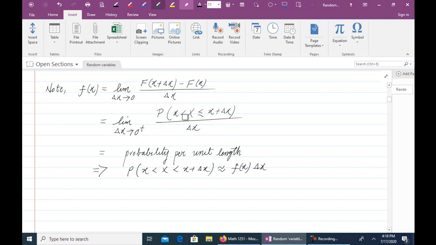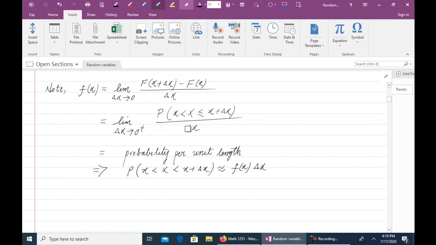And so the numerator, I'm rewriting that. The first term in the numerator is the probability that X is less than or equal to x plus delta x, and the second one is the probability that X is less than or equal to x. So when you subtract, you get the probability that X is in between x and x plus delta x.